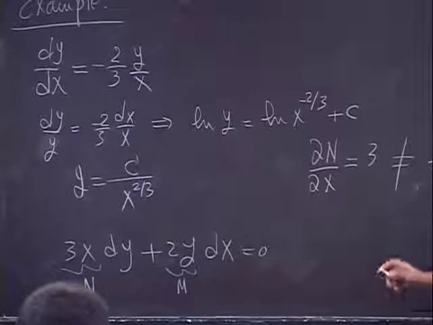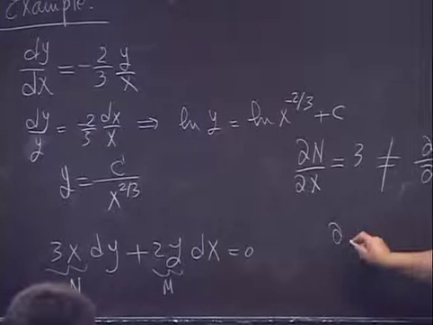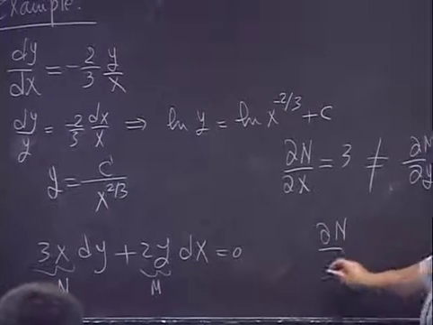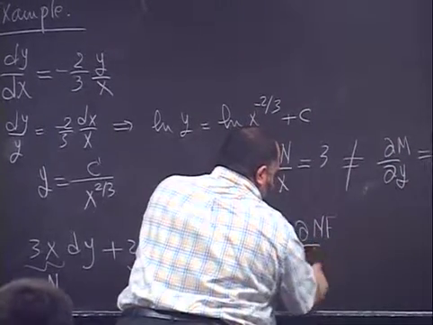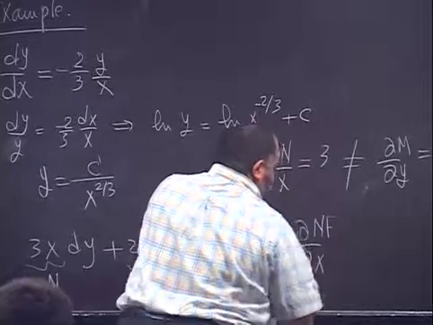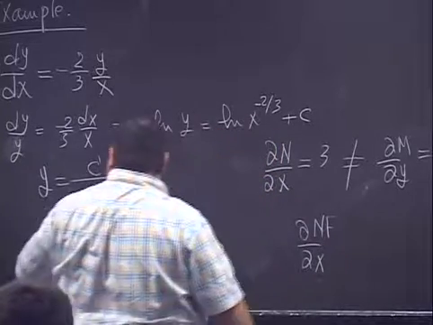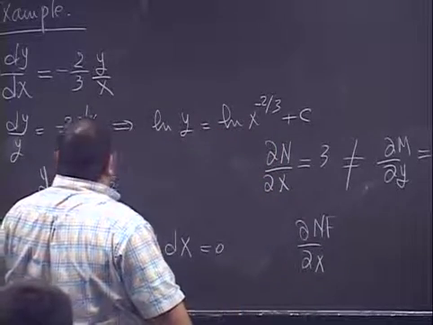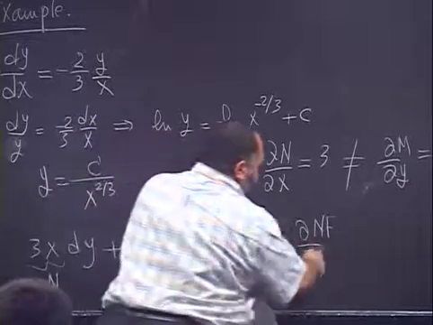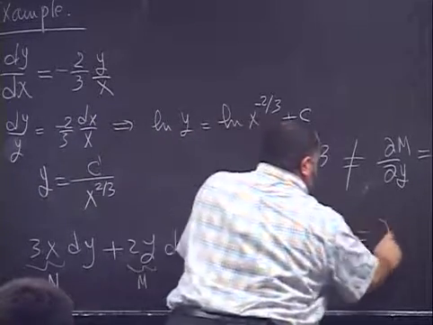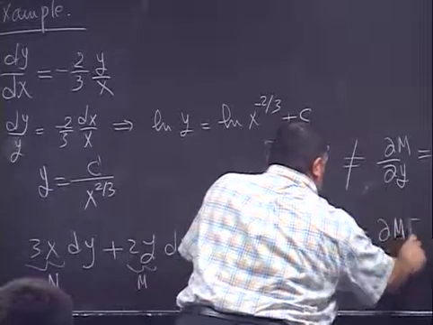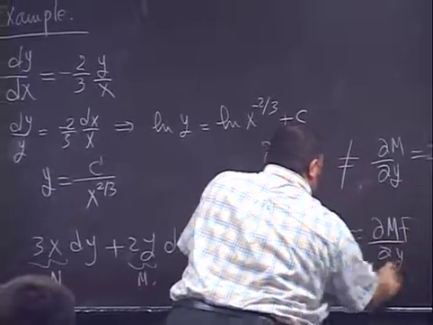So you can say, I need dnf by dx. Yes, guys? Is it n multiplied by f? So dn f by dx, now the new function is nf, is equal to what? dmf by what? By dy.